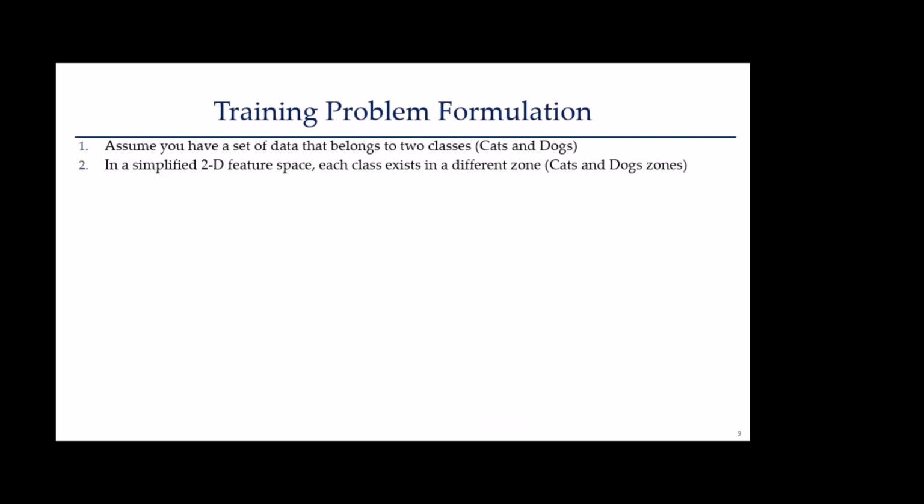Now let's try to formulate the training problem, and let's talk about a very simple case, a two-class classification problem. We have a set of data that belongs to two types of animals, cats and dogs. We can simply plot this in a two-dimensional feature space where each class of objects or animals exists in a different zone.